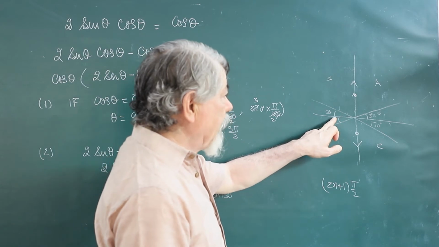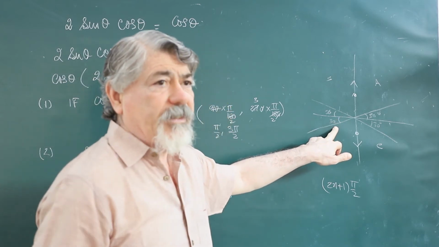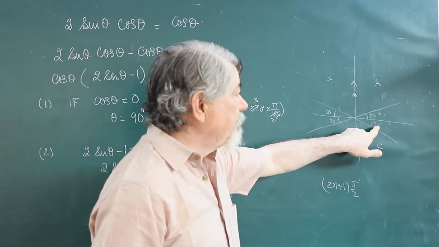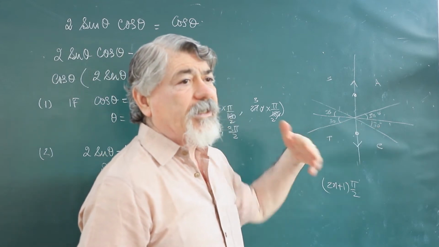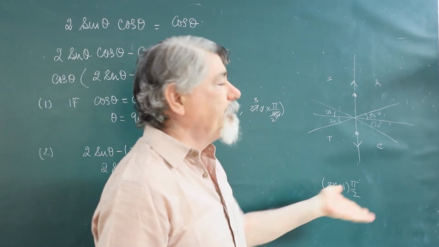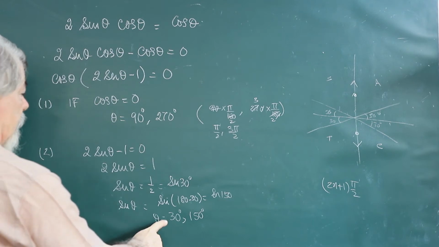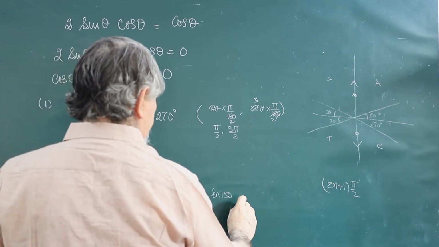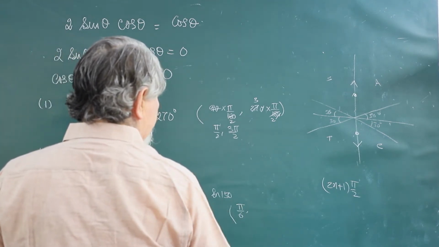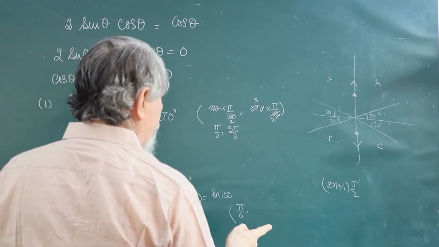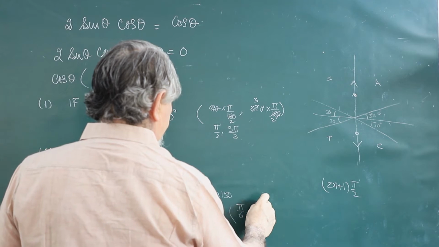And 180 plus 30 will be 210, at 210 it will be minus 1 upon 2. And 360 minus 30, that is 330, it will be minus 1 upon 2, and it will keep repeating, keep adding 2 pi to it and you will keep getting the value. 30 means pi upon 6, and pi minus pi upon 6 will be 5 pi by 6.